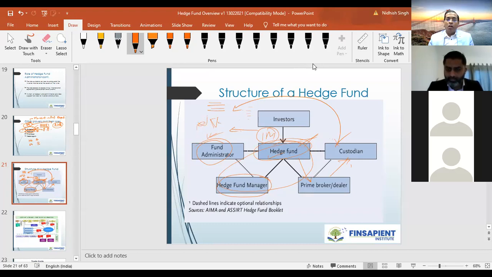This is the way the different reconciliations take place. The prime broker will share the information with the hedge fund and inform the custodian. The custodian will share the file with the fund admin, and the fund manager will share the file with the fund admin. The fund admin will reconcile all the information and will do the daily or monthly NAV. So this is how all these players are linked.